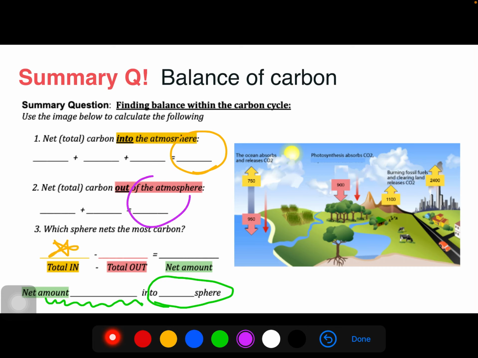The total you got from the outs, place it here, and do a quick calculation to figure out the overall total, the difference between the two, and if it's going into the atmosphere, into the water, or into our plants, our biosphere. So plug in those calculations and finalize, submit.